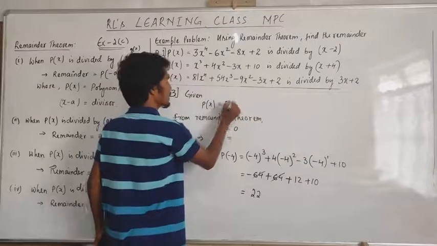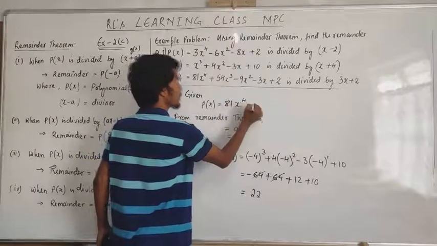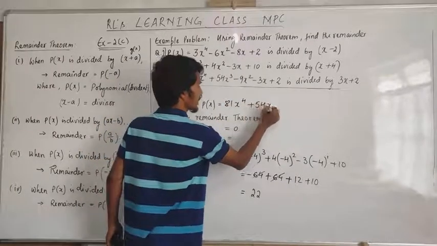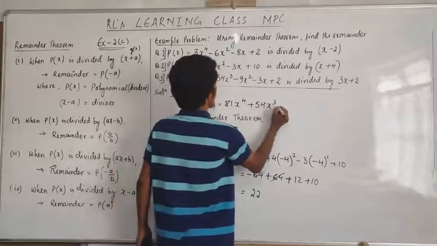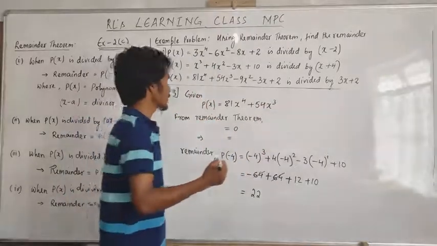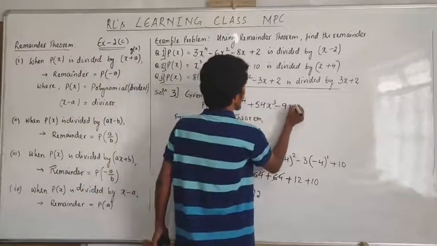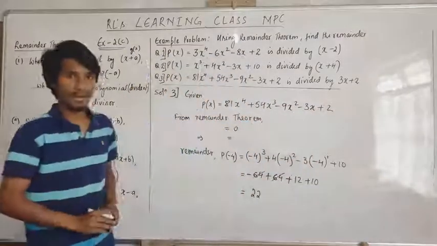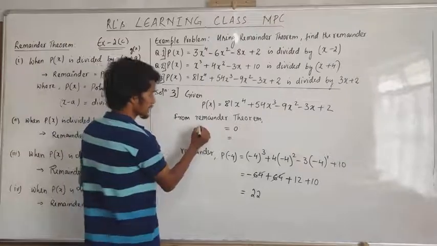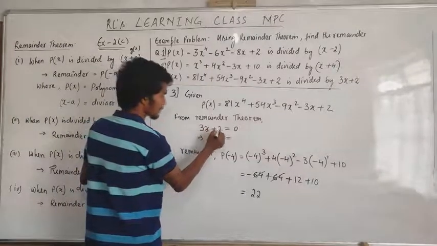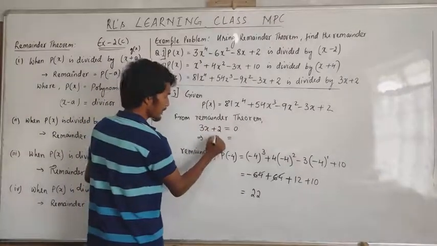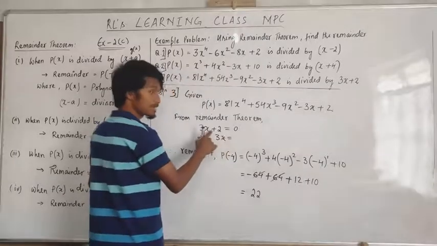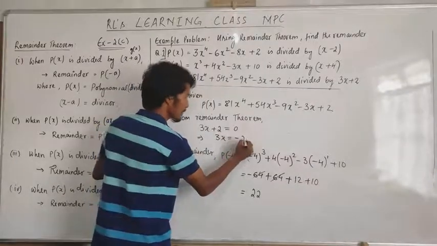Okay, now here 81x to the power 4 plus 54x to the power 3, minus 9x squared minus 3x plus 2. Now this is divided by 3x plus 2. Again that is 3x plus 2 equals 0. Now this plus 2, you can take to the other side and it changes to minus.